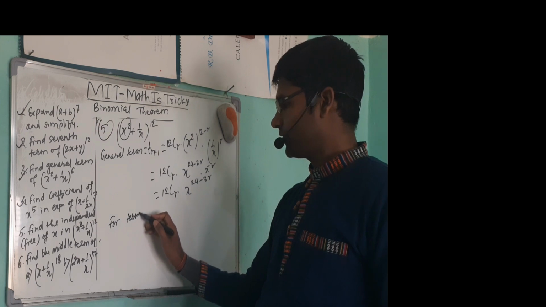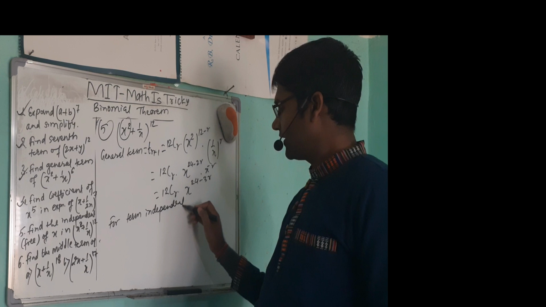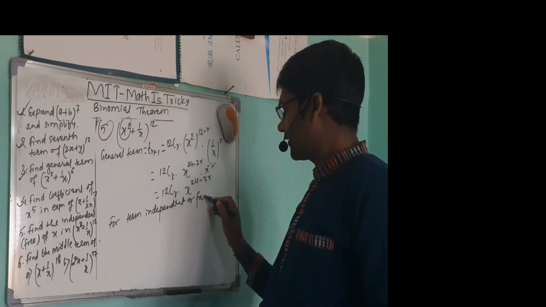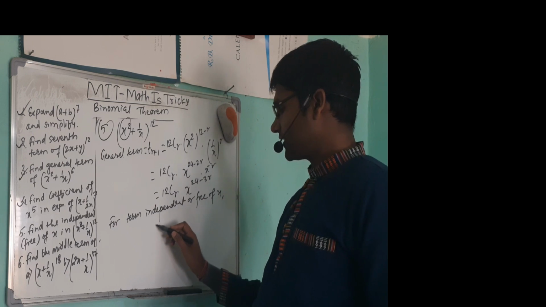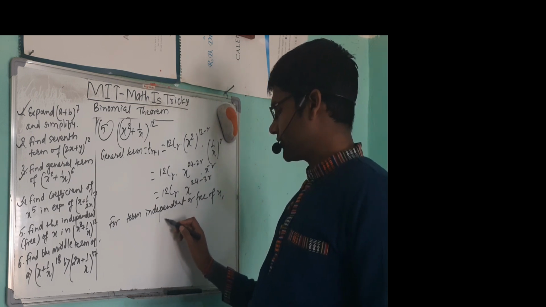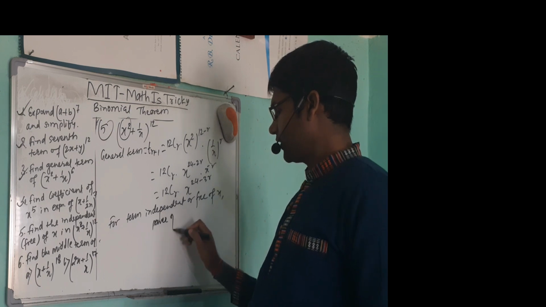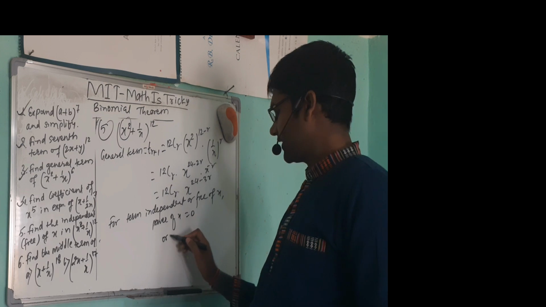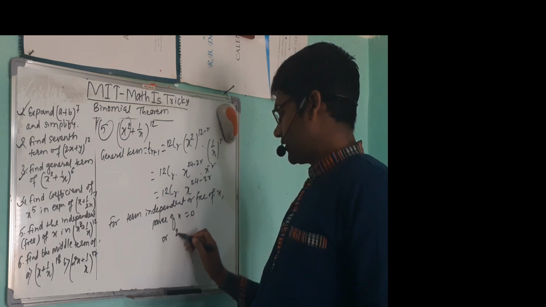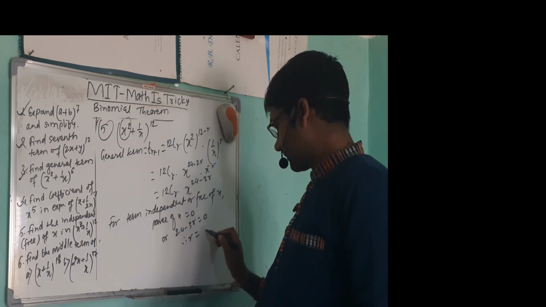For the term independent or free of x, it should be x^0, so the power of x should be 0, that is, 24 minus 3r equals 0, then 3r equals 24, r equals 8.